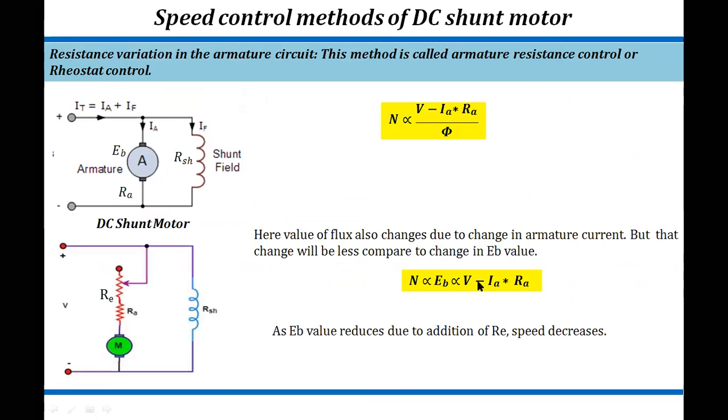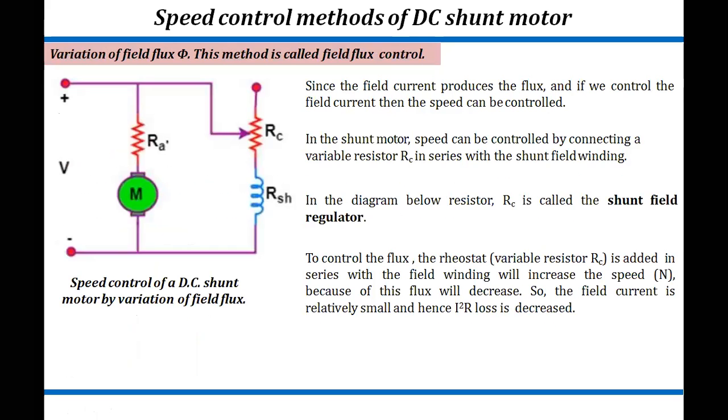You can see here, speed is inversely proportional to the flux, and as we are using a rheostat in series with the field winding, we are decreasing the flux, and we have seen speed is inversely proportional to the flux.